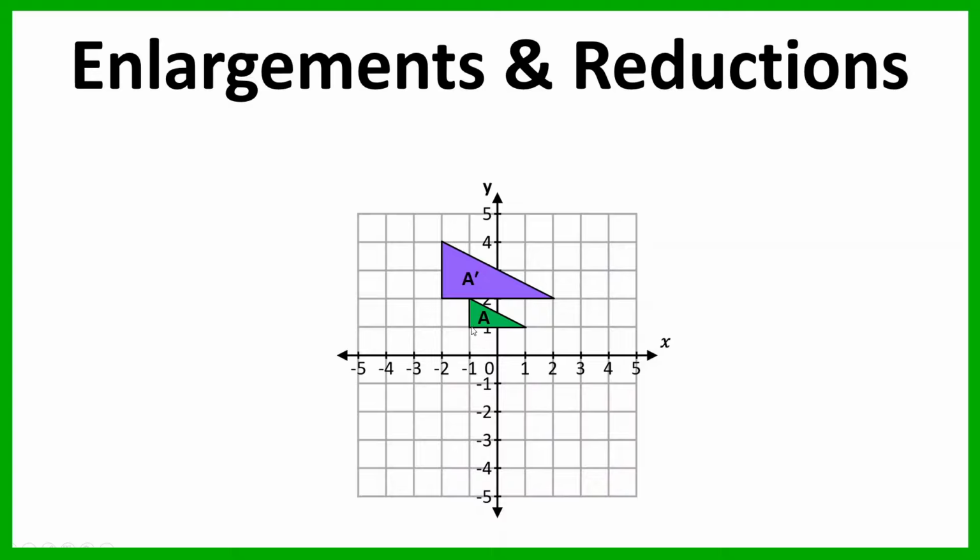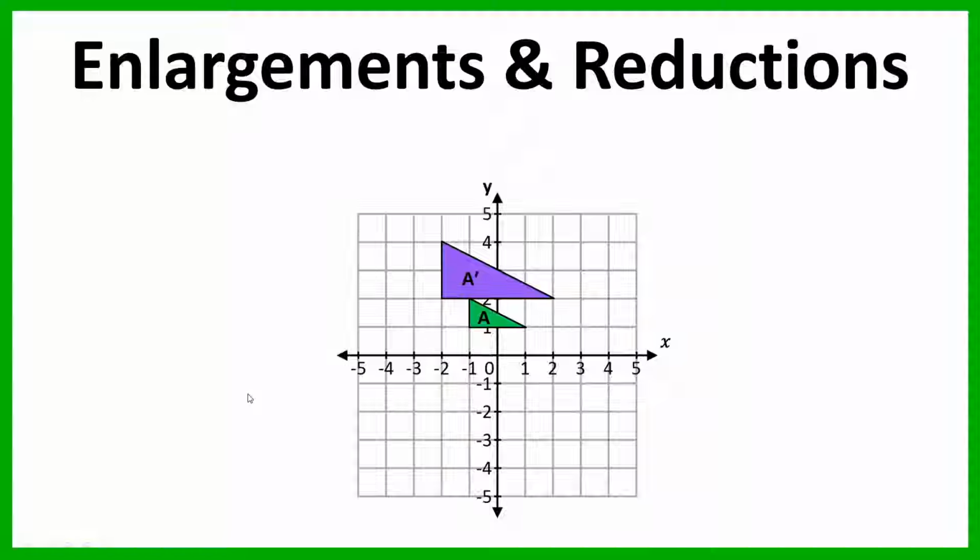Here, this is one diagonal block. Now it's 2 diagonal blocks in the same direction. This one over here was going up 2 and across 1. Now it's going up 4 and across 2 in the same direction. So the distance from the origin is what is being enlarged or reduced for each point in the figure by that factor. In this case, the factor was 2.